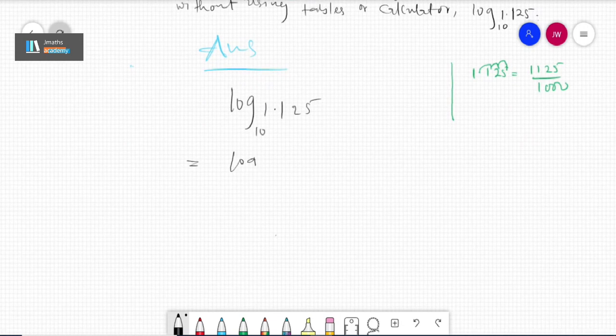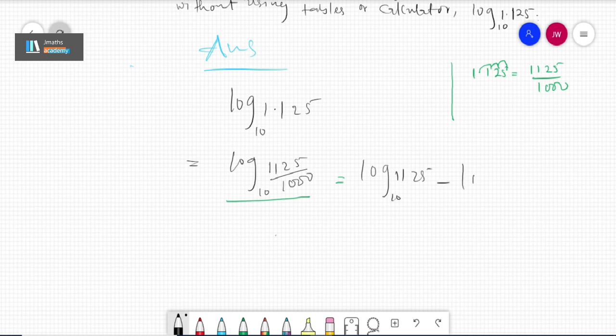Okay, so I can directly substitute my decimal for the fraction here. So this is going to give me log of 1125 over 1000 base 10. And if you look at this, it is the division rule. So I can also simplify further and express it as log 1125 base 10 minus log 1000 base 10.